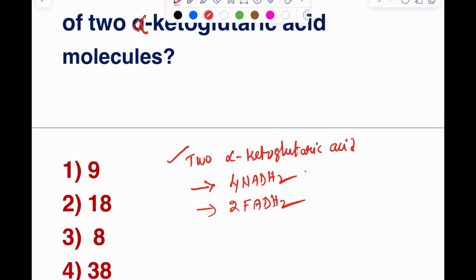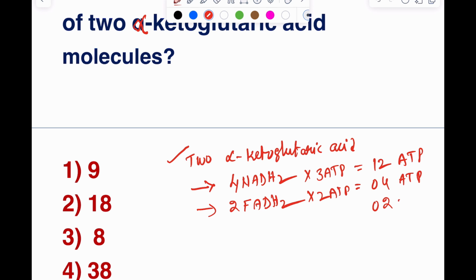Each NADH2 will produce 3 ATP molecules in electron transport system. 4 into 3, 12 ATPs. 2 into 2 ATPs, total 4 ATPs.